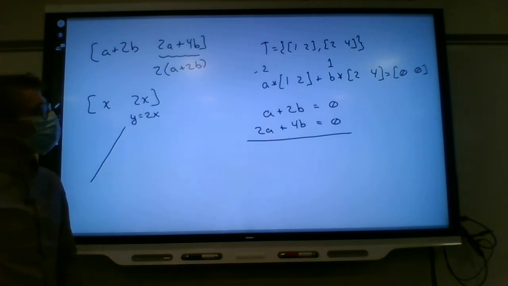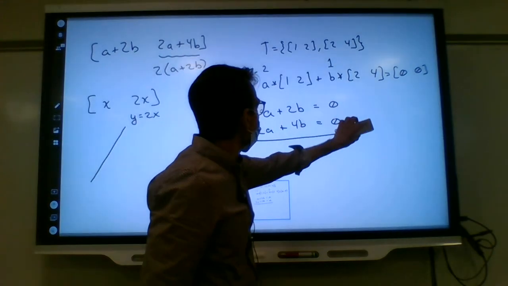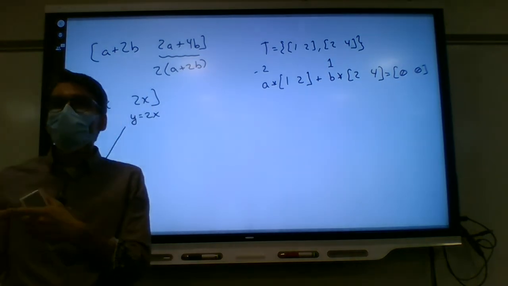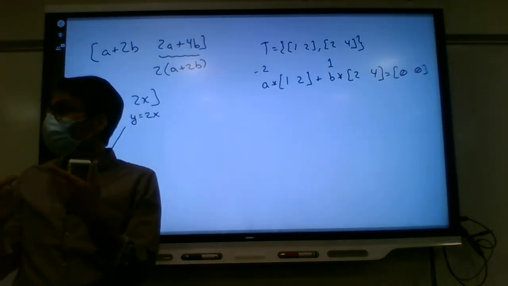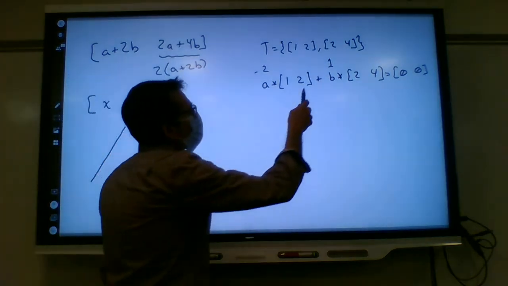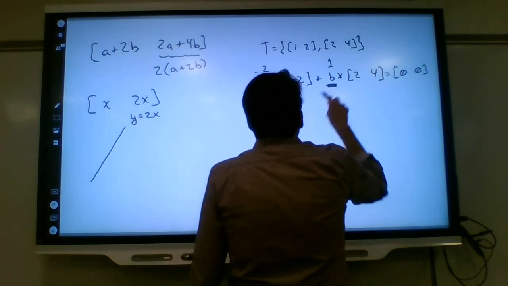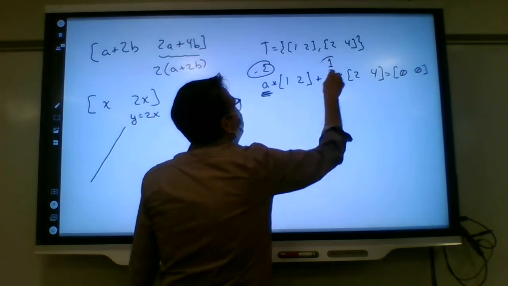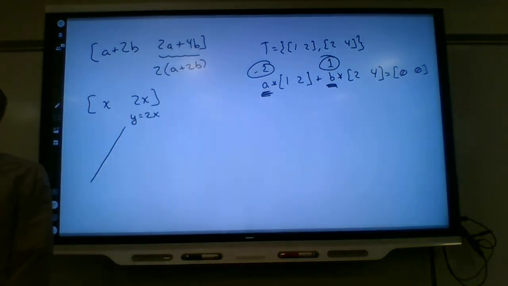So what this says is that the coordinates for 0, 0 are ambiguous. You don't have to put 0, 0 in here. You could put -2, 1. Or you could put 1, -1/2.